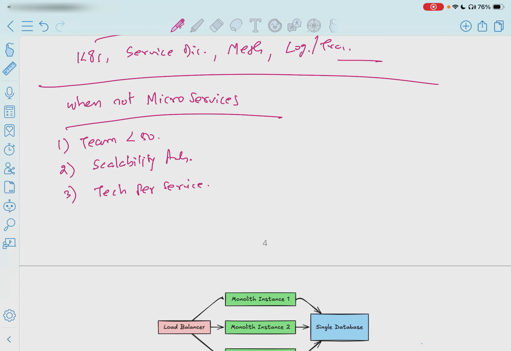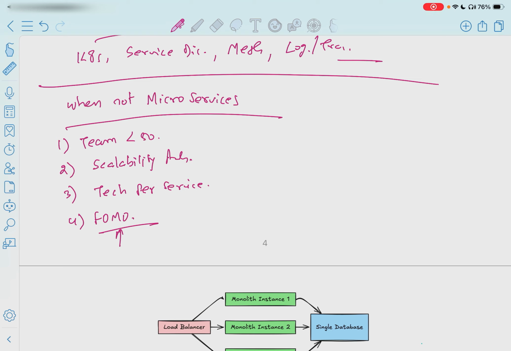And the fourth option is FOMO. Do not go for microservice architecture if you are taking the decision based on FOMO. What is FOMO? FOMO is fear of missing out. If you think that because it is a best practice to use microservices in modern applications, because Netflix is using it, because Google is using it, I should also use microservices.